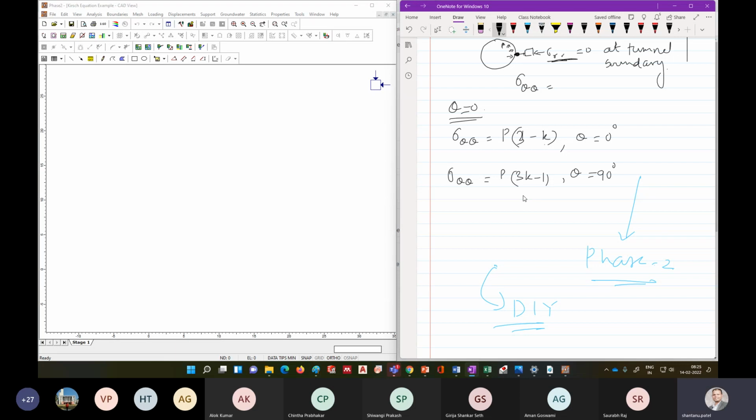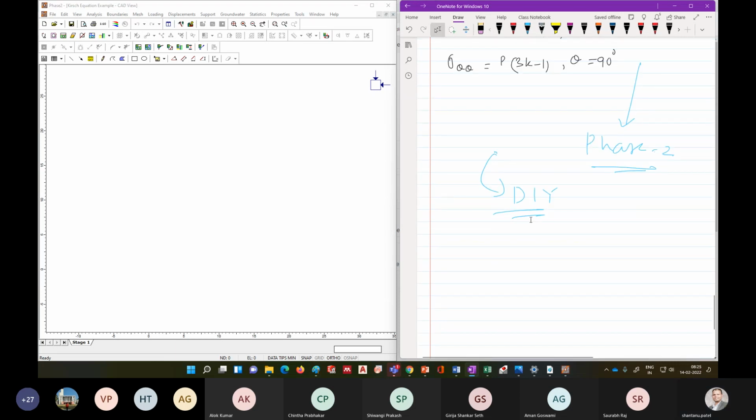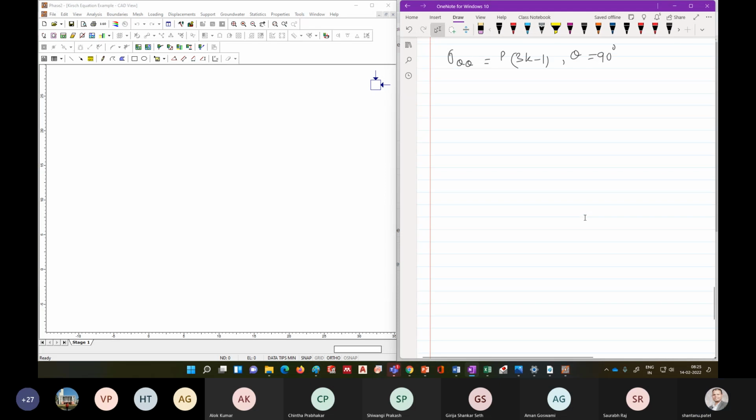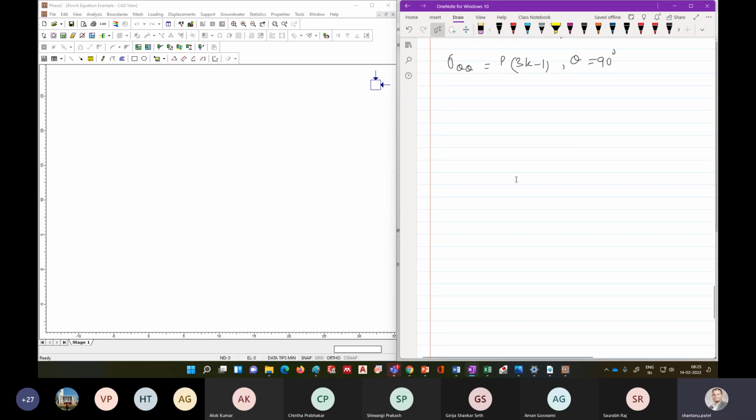Now if you put these values, or maybe you calculate the values, first thing is sigma V. So sigma V equals gamma Z, that is 26 into 750.